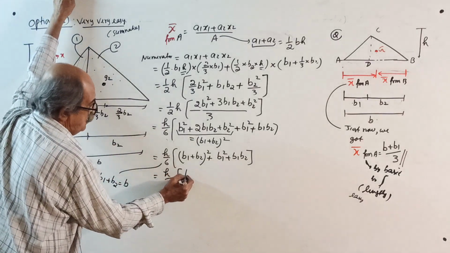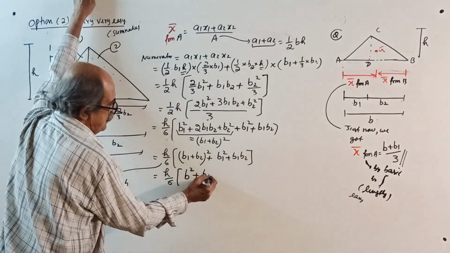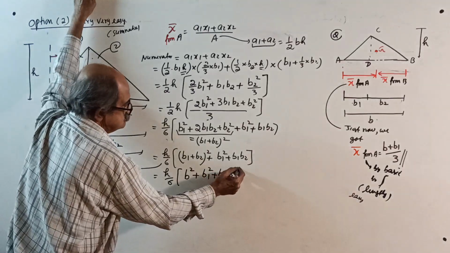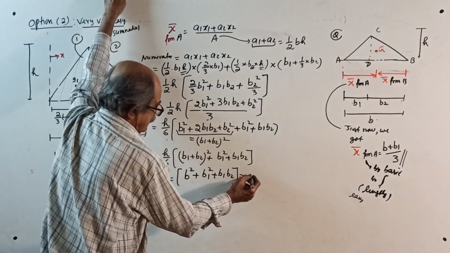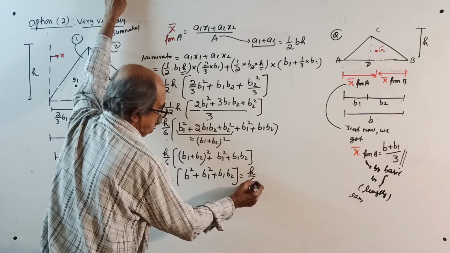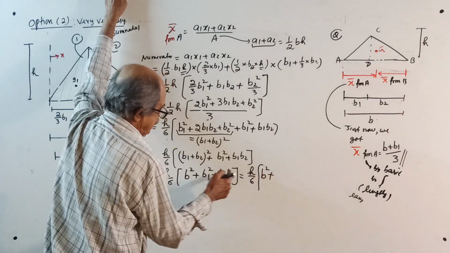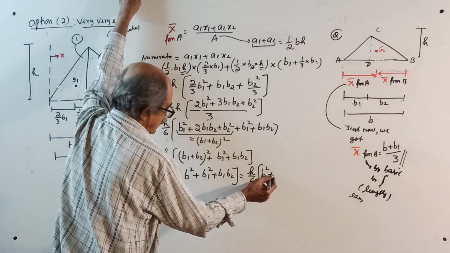h by 6 into b square plus b1 square plus b1 b2, or equal to h by 6 into b square plus, from here take b1 outside.